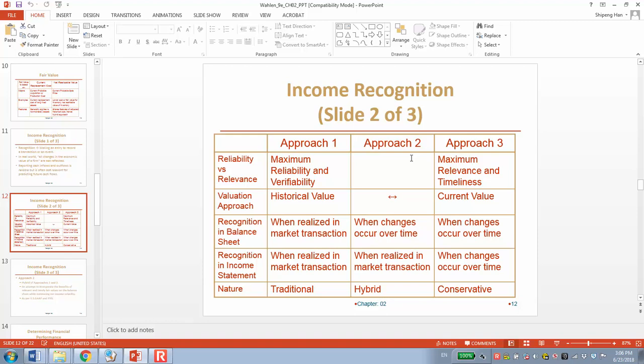So what about approach 3? Actually, the income statement adopts approach 1. Okay, so revenue recognition is when the revenue is earned. Right? Actually, that's the characteristic of accrual accounting.